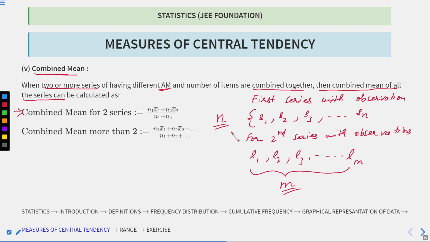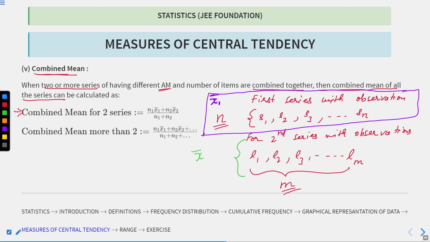Now this first series has some arithmetic mean, say x1 bar, which is the mean for the first series, and for the second series we have the mean, say x2 bar. I hope this is clear.